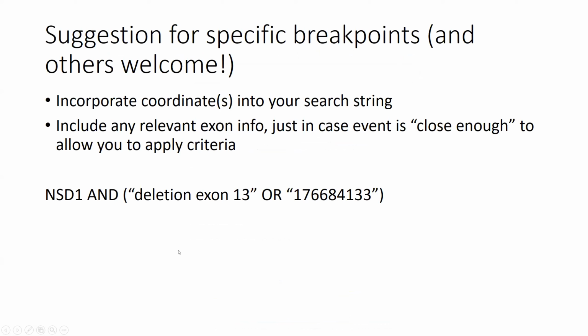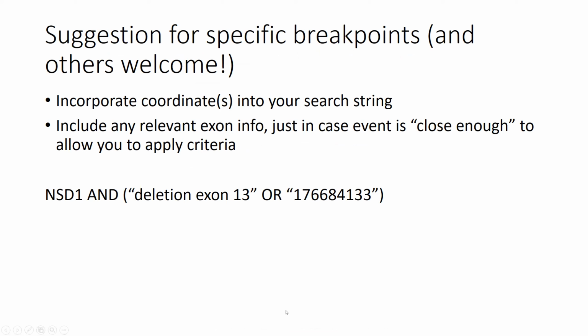So a suggestion for specific breakpoints is welcome. If you have an event that has defined breakpoints, my first intuition would be to incorporate those coordinates into your search string, as well as, if the breakpoints include an exon or several exons, include that as well, just in case the event is close enough to allow you to apply criteria per your VSEP rules.